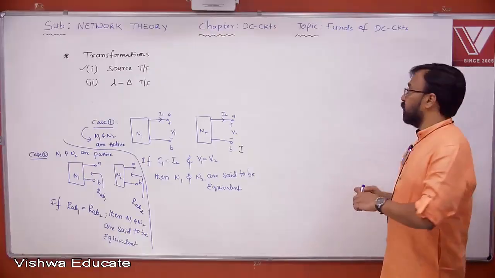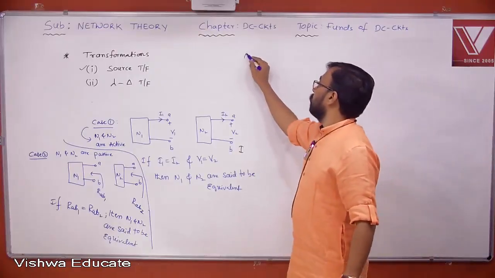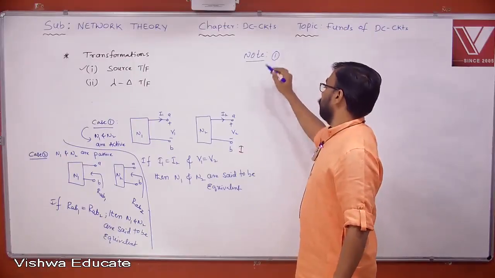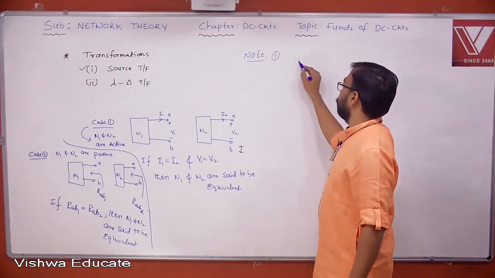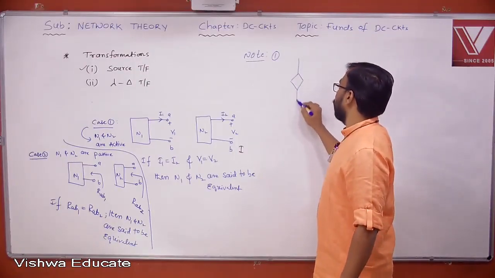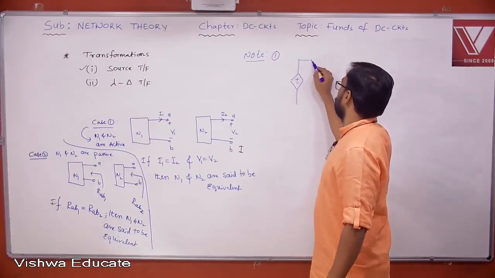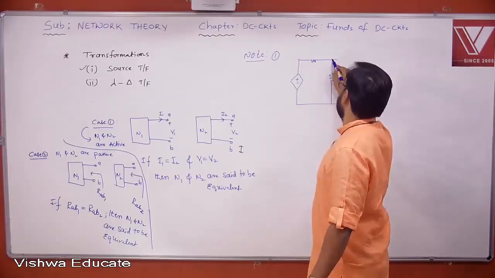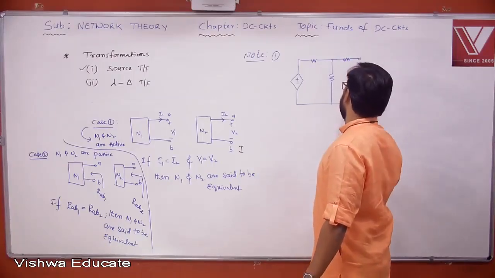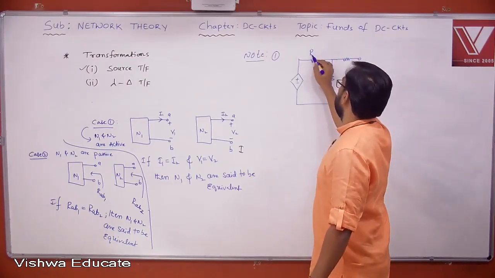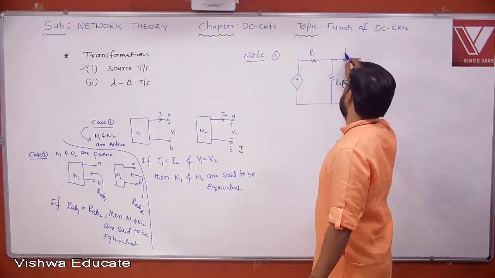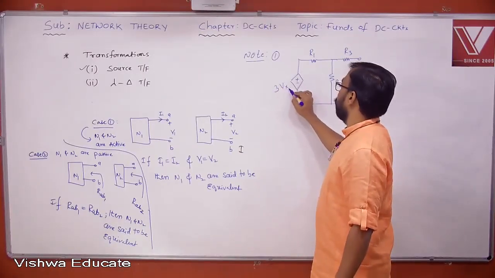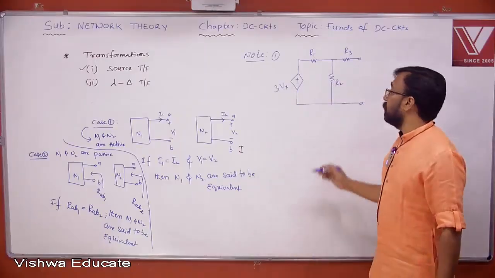For example, you have a network like this, with a source of 3 Vx, let us say. This is the dependent source.